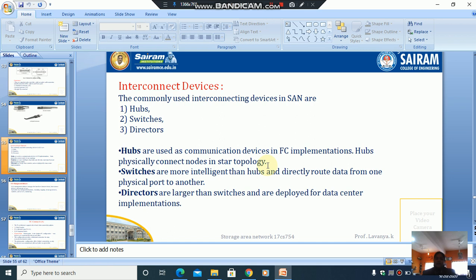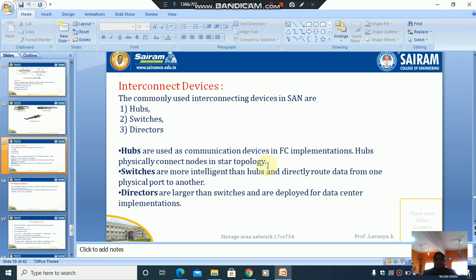What is a hub? A hub is a communication device between the host and the destination, or a communication between the server and the client, and it is also implemented in Fibre Channel.